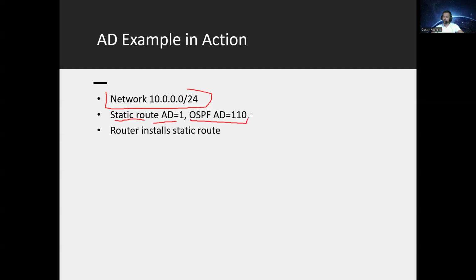Now, if we are using a routing protocol like OSPF, we are talking about an administrative distance of 110, and the router installs the static route. That's what the router does. Let's clear this and let's move on.